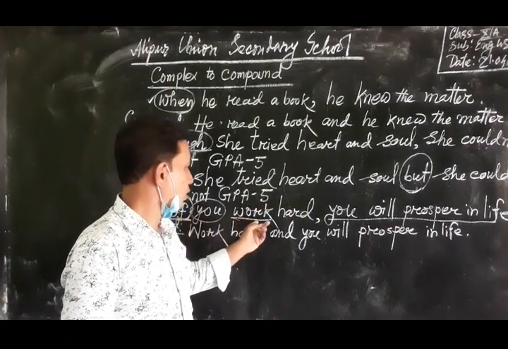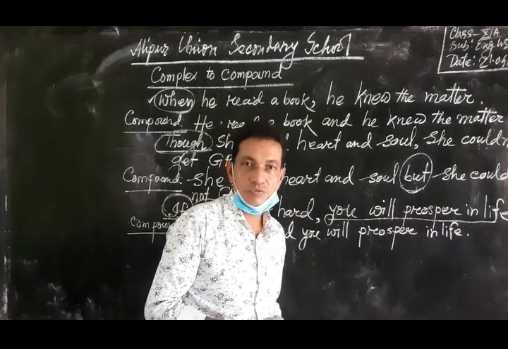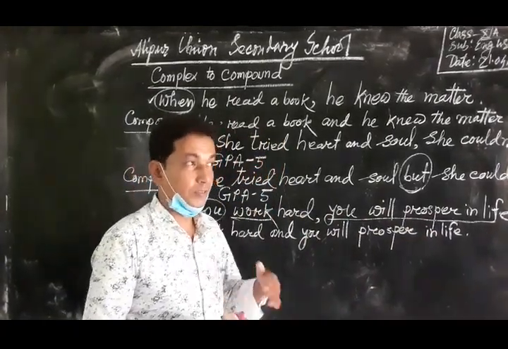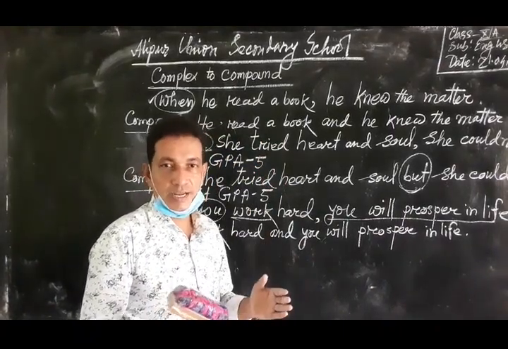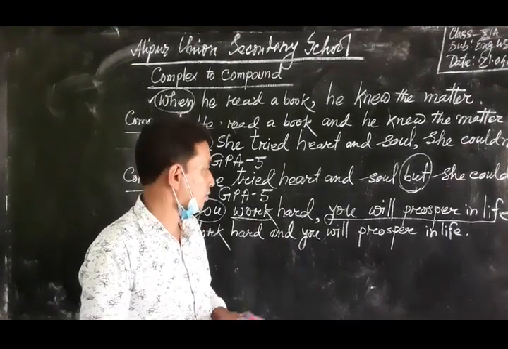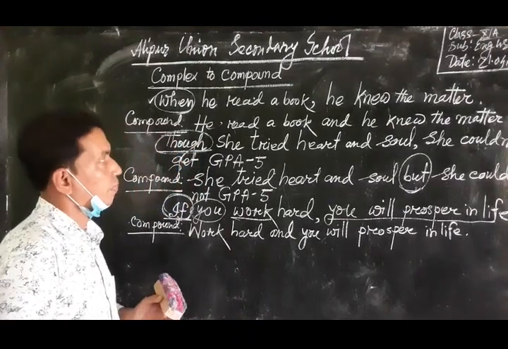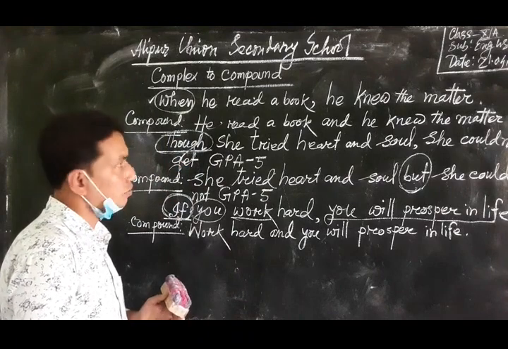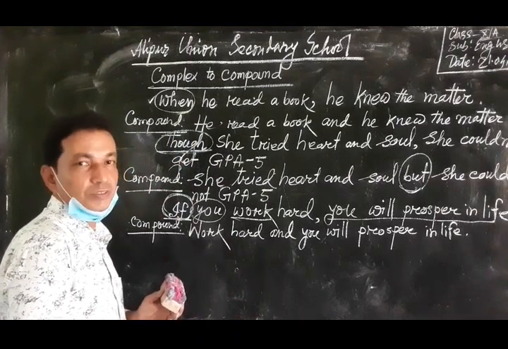As if you work hard is one clause and the other clause is you will prosper in life, so there are two clauses in complex sentence, and in changing to compound sentence we must use coordinating conjunction and in the middle of the two clauses. Okay, dear learner. So this is a very important rule of complex to compound in SSC level, and it is also helpful to the students of HSC.